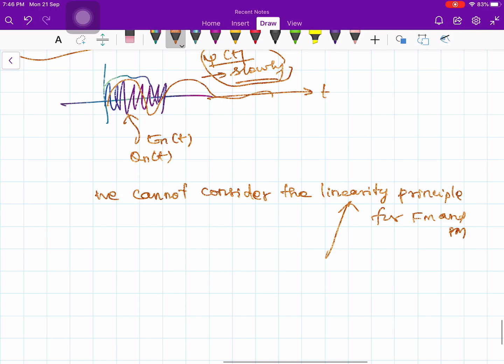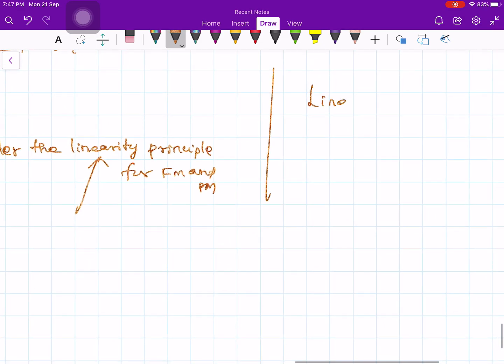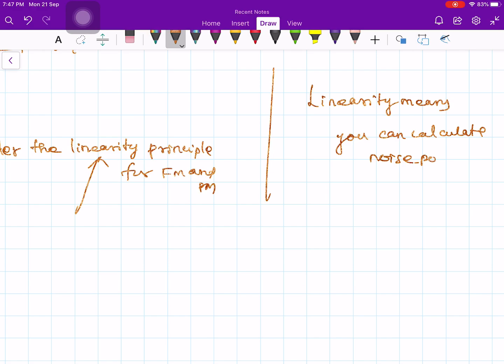When I say linearity, what does it mean? Linearity means that is what your superposition theorem, right? You can calculate noise power alone, these are important points, and signal power alone, but that cannot be done in this case.